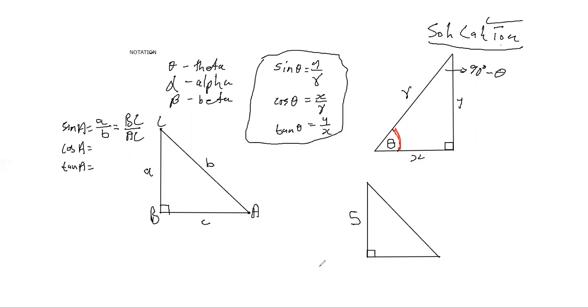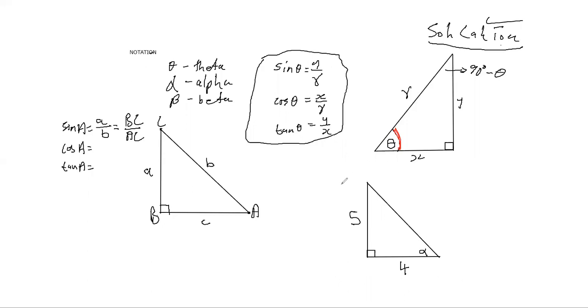And suppose I measure the length of this side and I say the length of this side is 4. And then I say, well, I want to know what this angle should be. So let me use alpha.